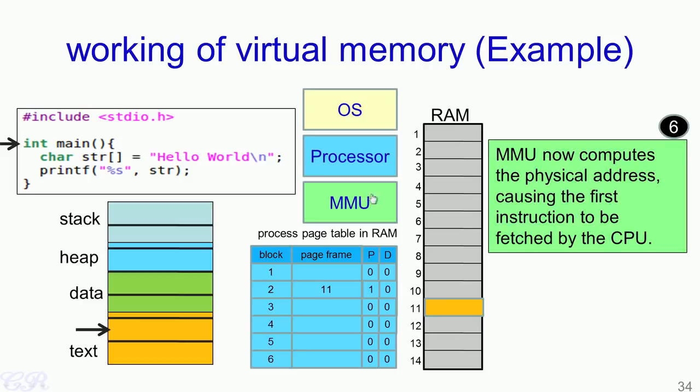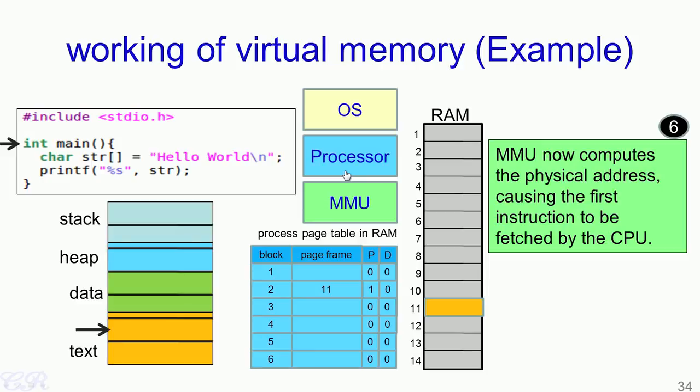Now the MMU is going to look into the process page table and see that the present bit is set to 1, therefore it means that the block is loaded into a page frame in the RAM, and it would be able to convert the virtual address to the physical address and cause the instruction to be loaded from the RAM into the processor, and in this way the processor executes an instruction.